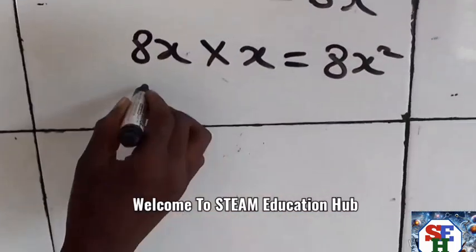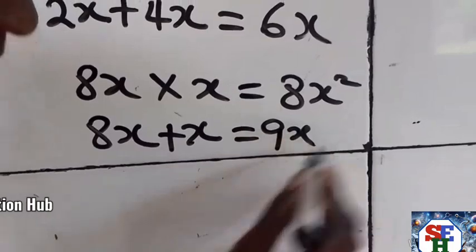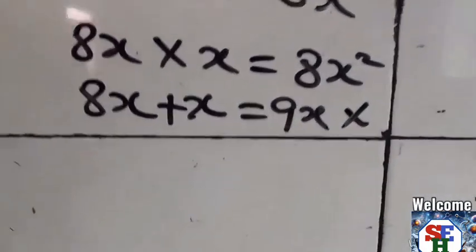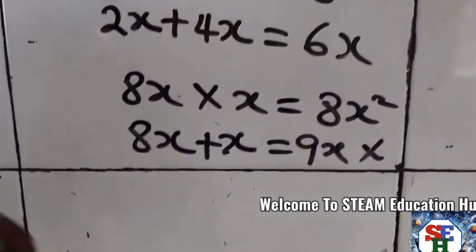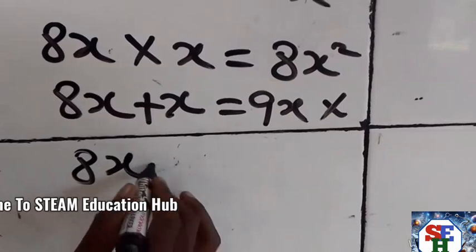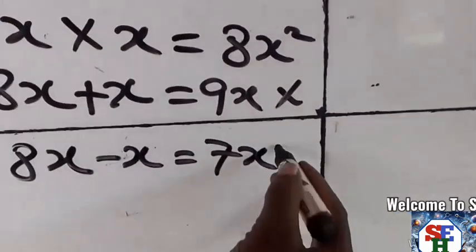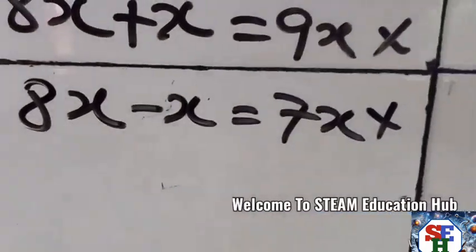Let's add them together. 8x plus x will give us 9x. It means it's not okay. Then let's see if we can subtract them and give us the number in the middle. 8x minus x will give us 7x. It means this is not a suitable factor that we can use for this.